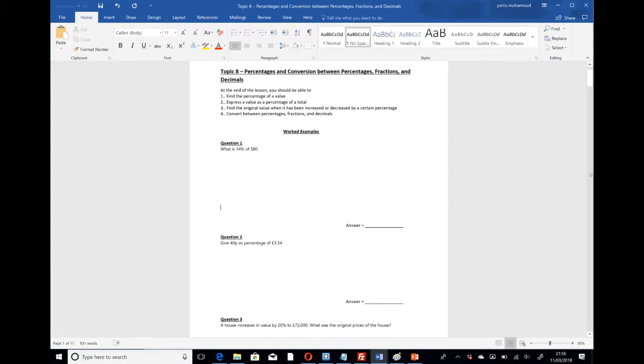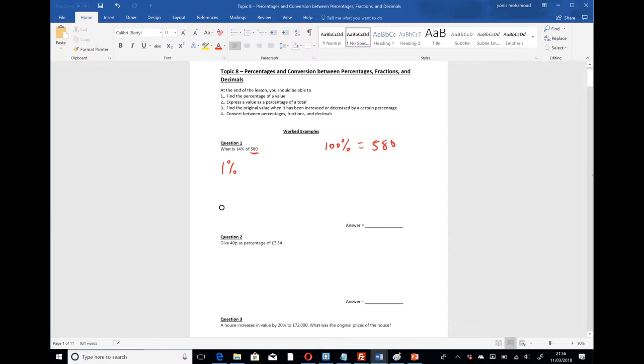Okay, so let's go over the worked examples. Let's start with question 1, which is what is 14% of 580? The first thing I like to do is always find the 1% of the value in question, which is 580. So how do we do that? Well, you just divide 580 by 100, because 100% of the value is 580.